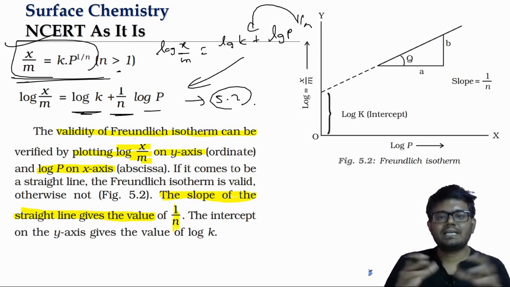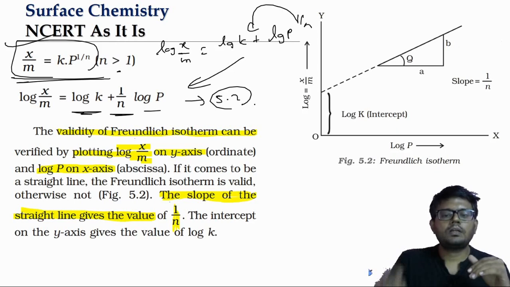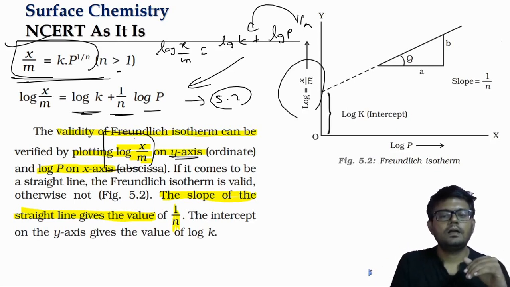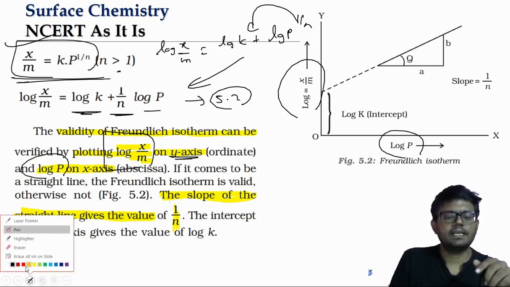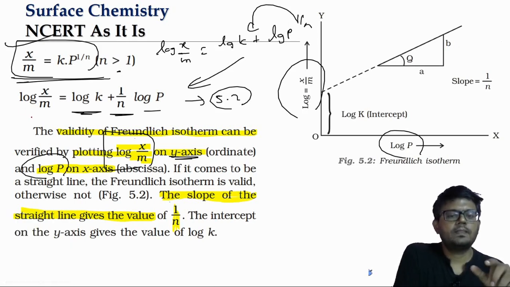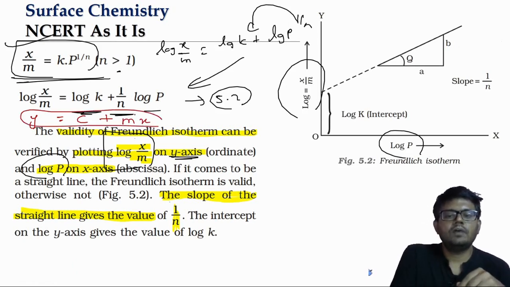If you want to check or validate the Freundlich isotherm, then plot log x by m on the y-axis and log P on the x-axis. Look at this equation. In the normal sense, it is like y is equal to C plus mx type. So which means what? What is the slope of this?